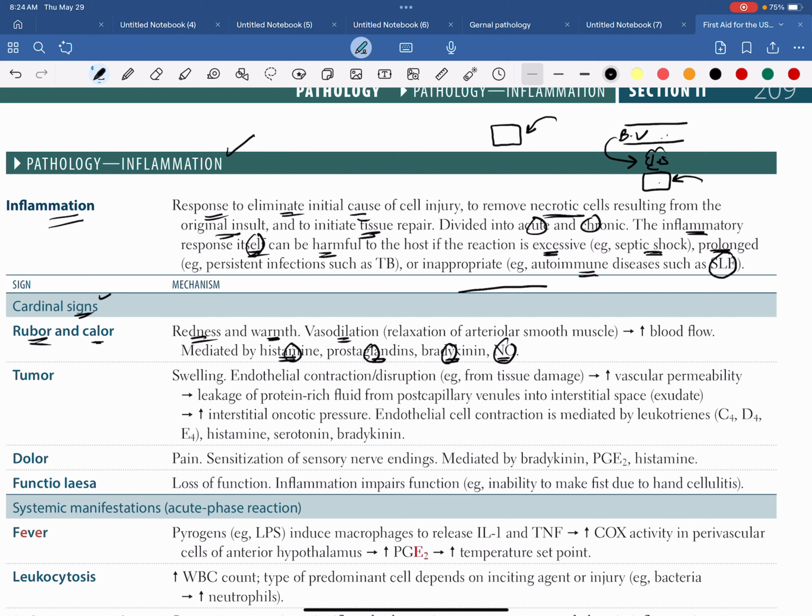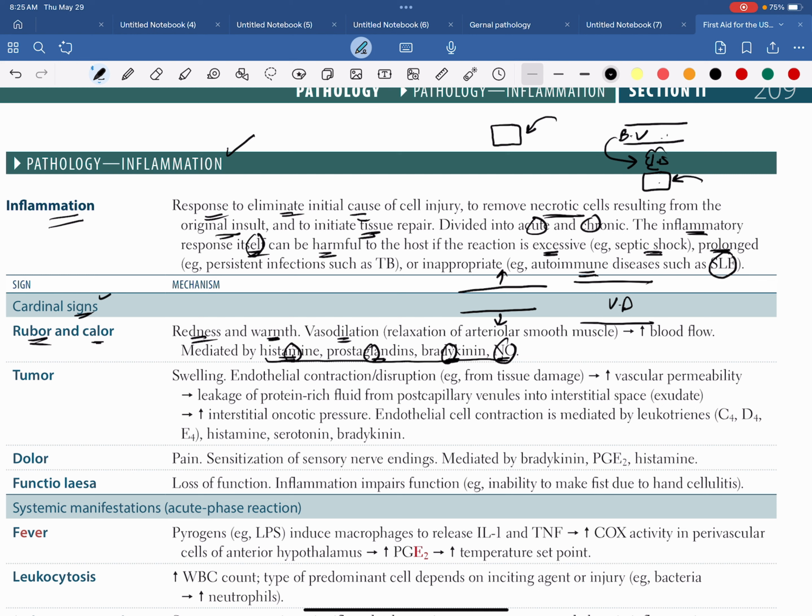So let's suppose this is the blood vessel, and after the inflammation, when these chemical mediators are produced, they will lead to dilatation of the blood vessel. So this blood vessel will become dilated. It is called vasodilation. How does that vasodilation occur? Basically, these inflammatory cytokines will go to the blood vessel.